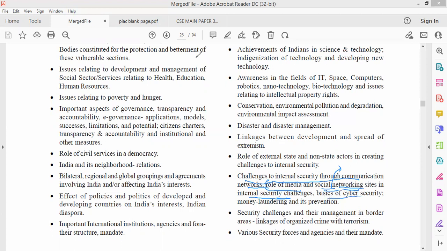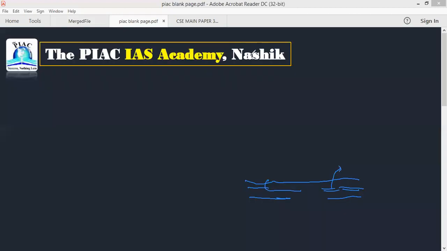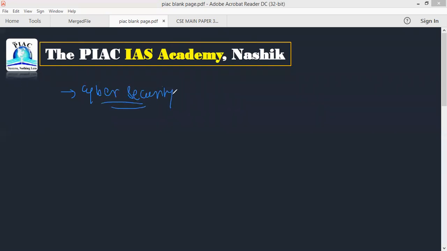Now cyber security, as I told you, today's world has become more digitalized. Most of the world has tied itself to digitalization.